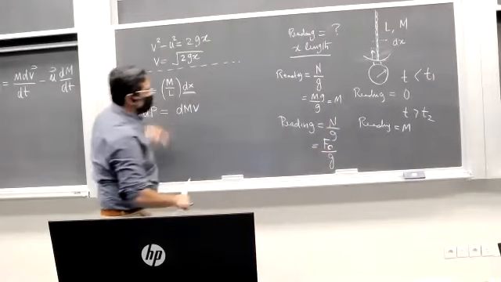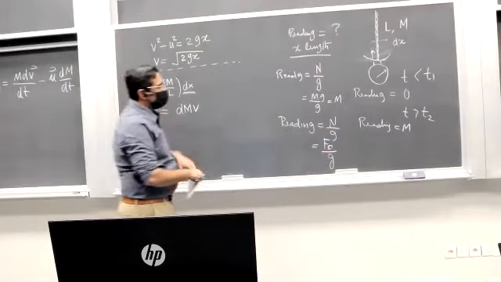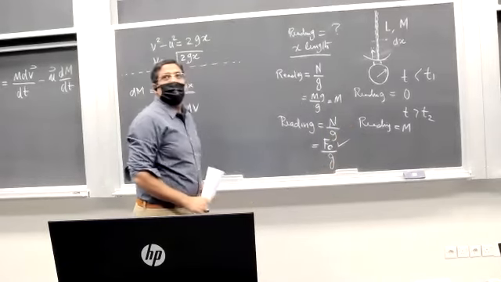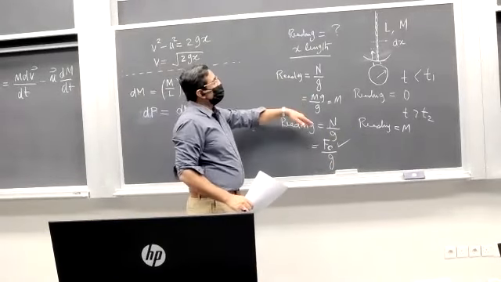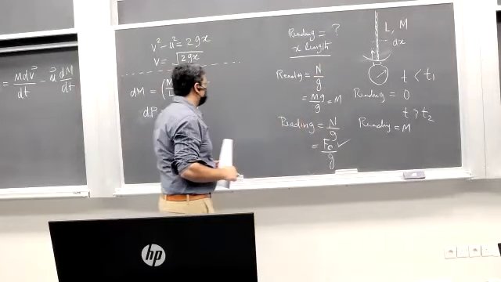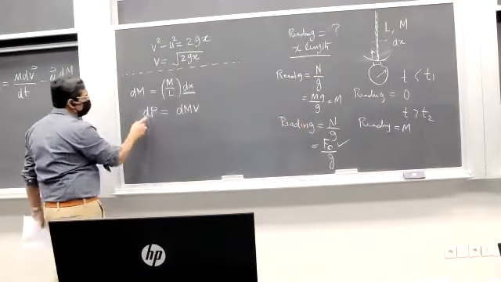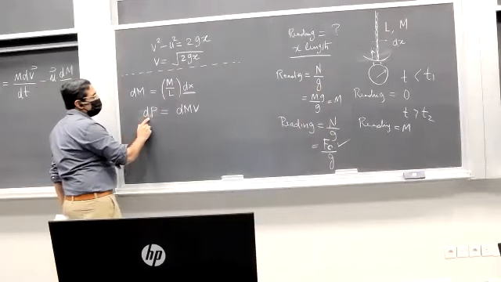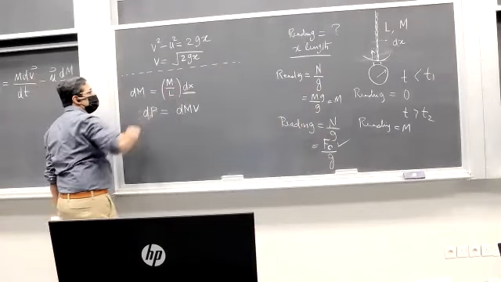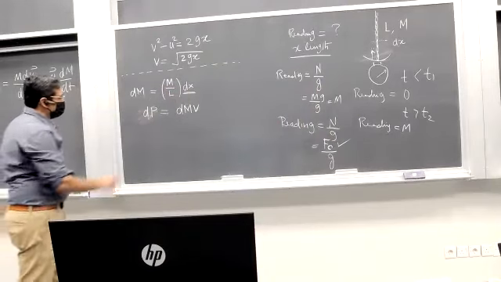So in this exercise that we are just starting, what we need to figure out is the force that the chain would exert on the scale from the point of release until it has dropped by a distance x or by a length x. All right. So this is dp. That's a change in momentum when the chain has only dropped by a small length delta x.